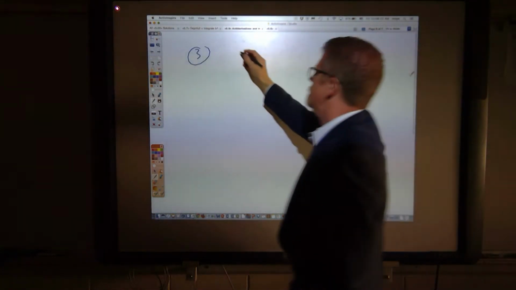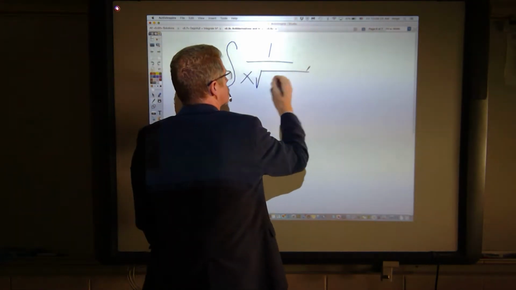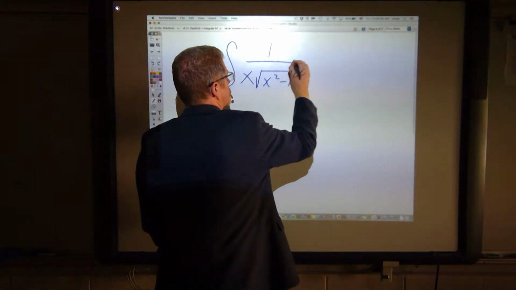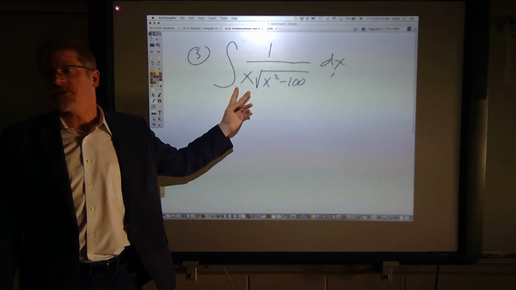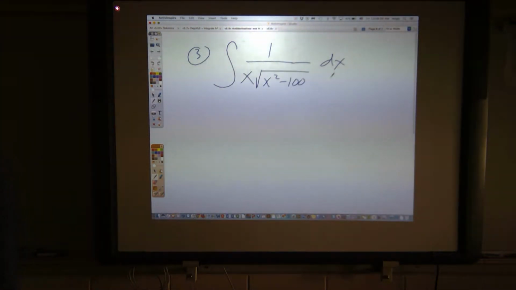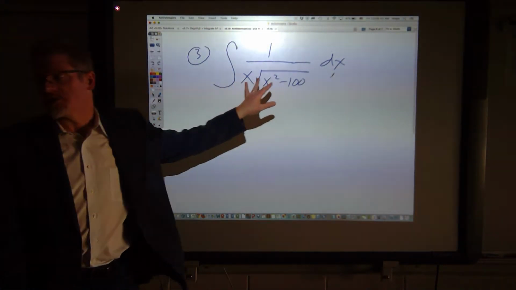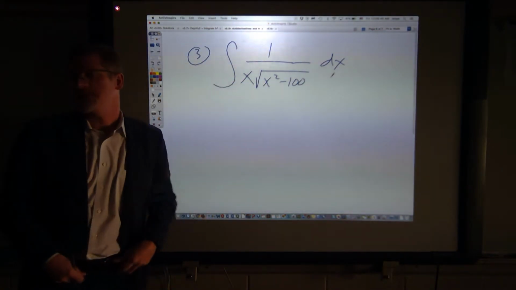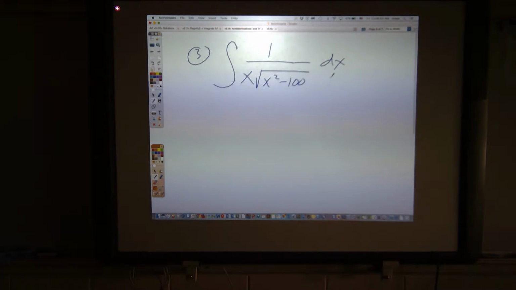Example 3 is the antiderivative of 1 over x square root of x squared minus 100 dx. Notice there's no absolute value on the x. I'm just pointing out this is the original problem. This is what's given to you, and it does not contain an absolute value symbol. You don't need an absolute value symbol on the x to move forward with this.